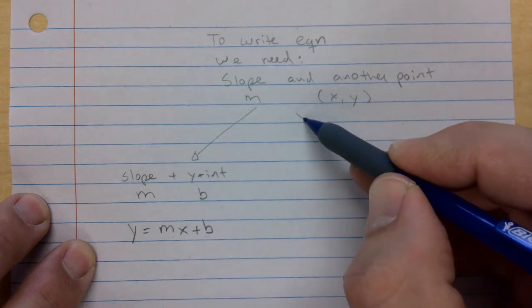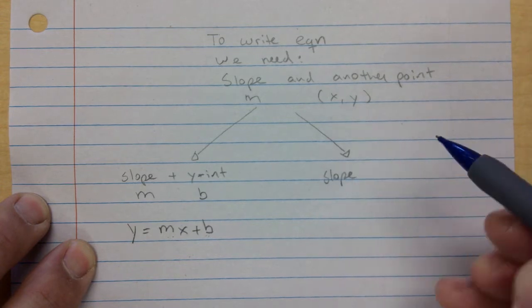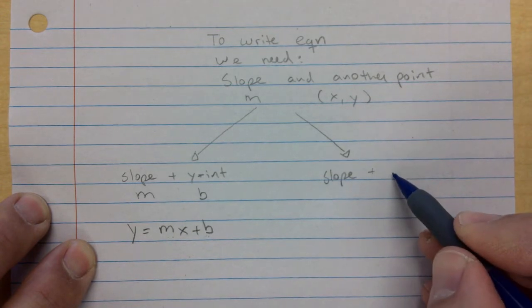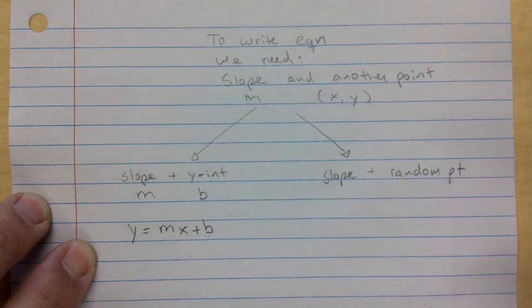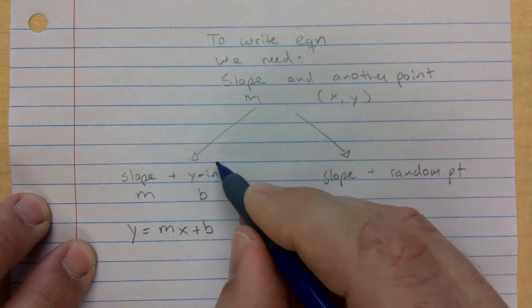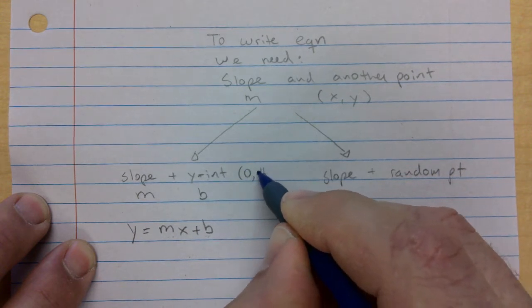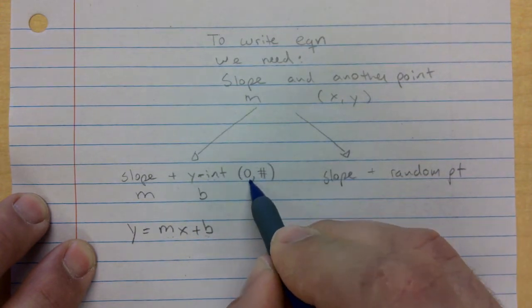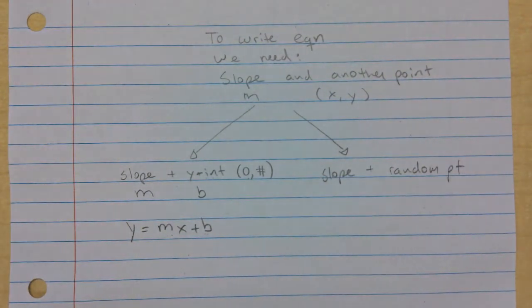If you find out that the point you're given is just the slope plus a random point, like it's not zero, right? The y-intercept is always going to be 0 and a number. That's how you recognize that the point you're given is a y-intercept. It starts with a 0 because x is equal to 0 at that point, and a number.